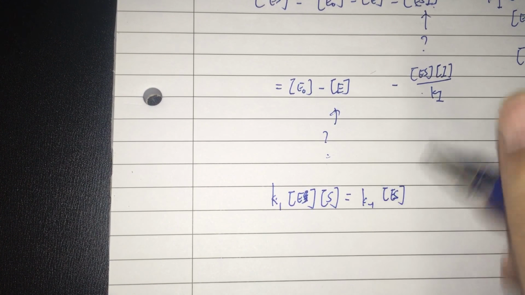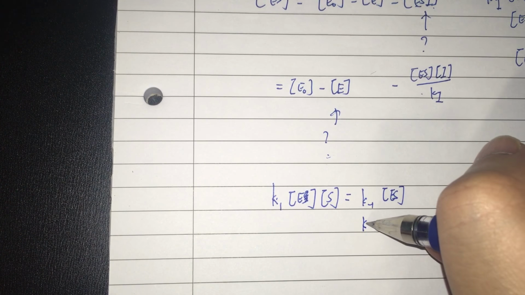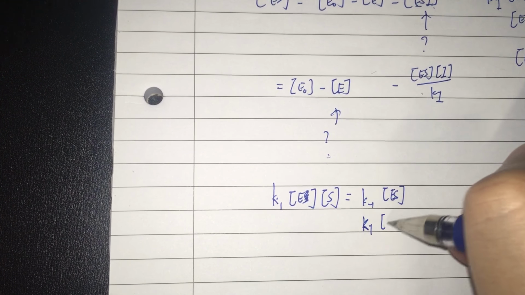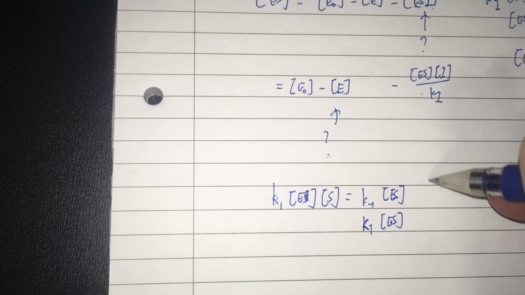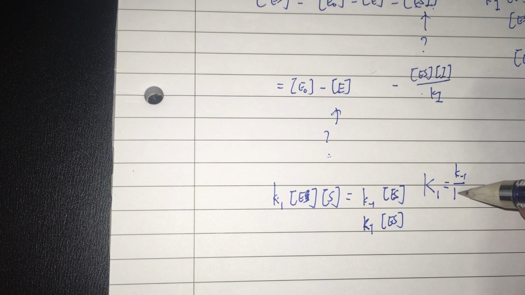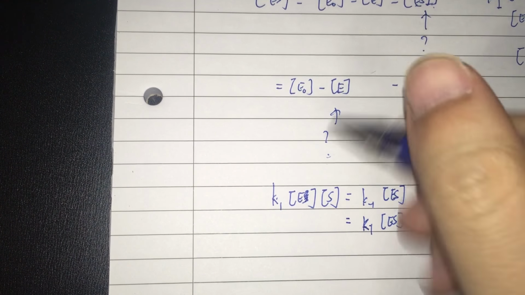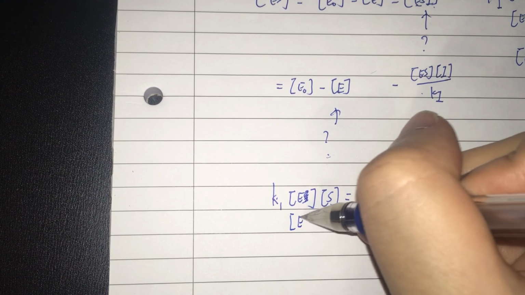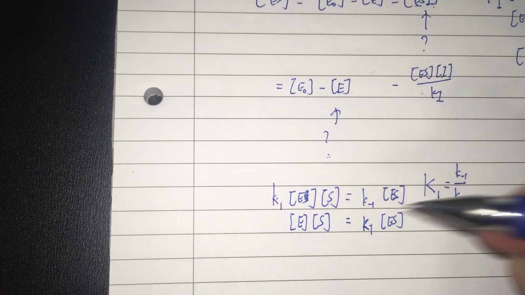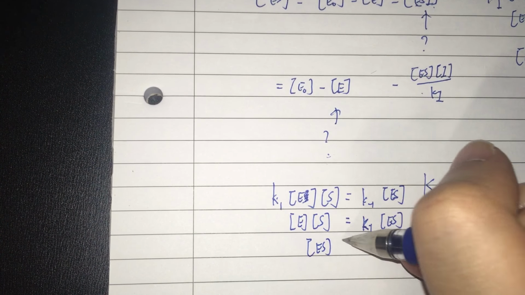Okay, so I'm going to bring this over again. So that will bring the big K1 into ES, where this big K1 equals K minus 1, the small K minus 1, over the small K1. So that will be E into S, and then I'm going to make ES the subject.